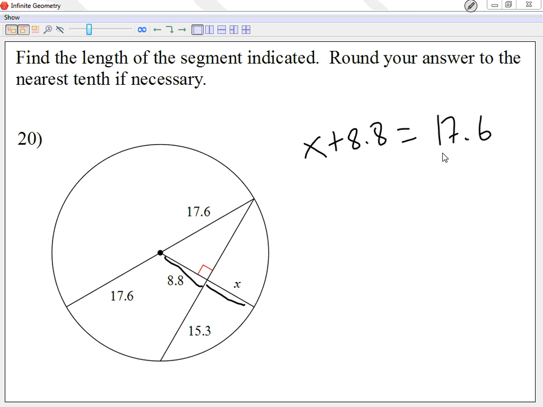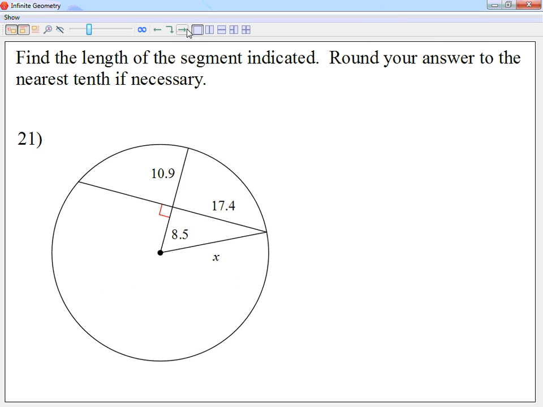And then you can easily solve for x. Right, I gave you this radius and I gave you this other radius. You might ask me, well, what is the 15.3 there for? It's just to let you know that this is 15.3. You don't need it, but it's there in case you wanted to know. So that was not that bad.